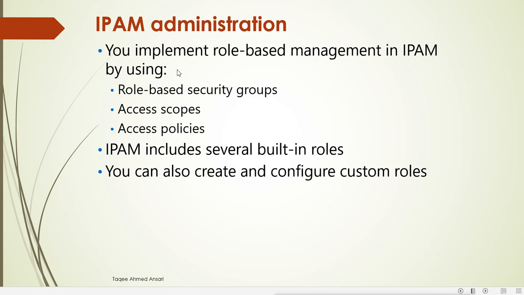You can implement role-based management in IPAM by using role-based security groups, access scopes, or access policies. First you create a user or group based on the role, what they want to do. Then you can assign the access to the scopes and also the policy for what the users and groups can do. So you can give different users different rights to do something on the IPAM server.